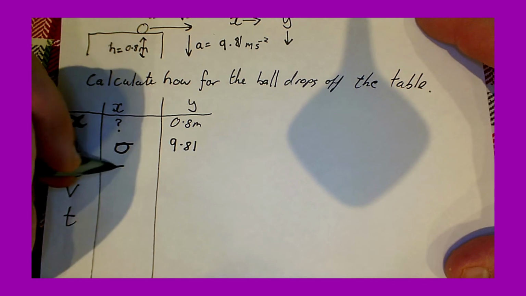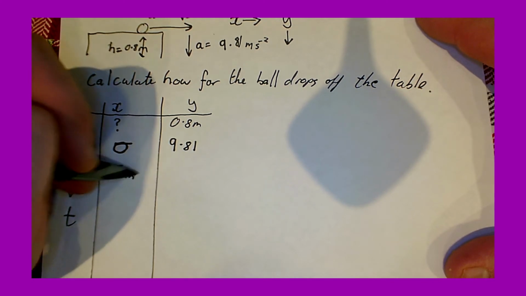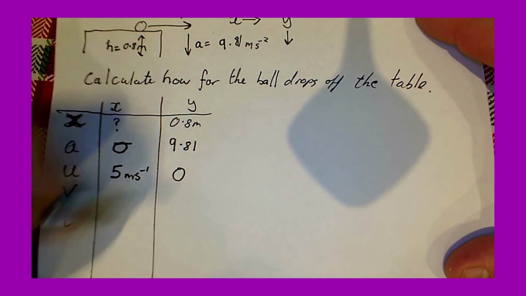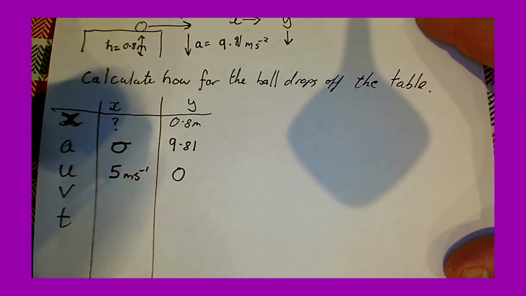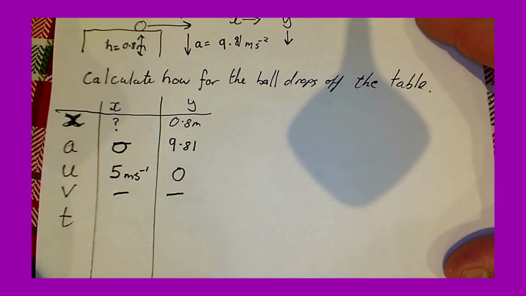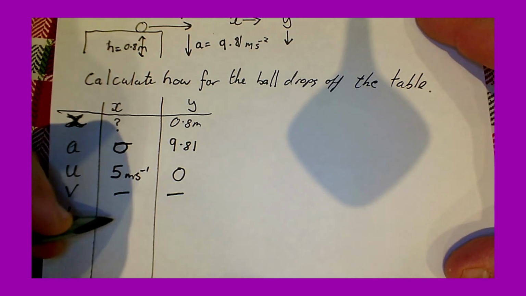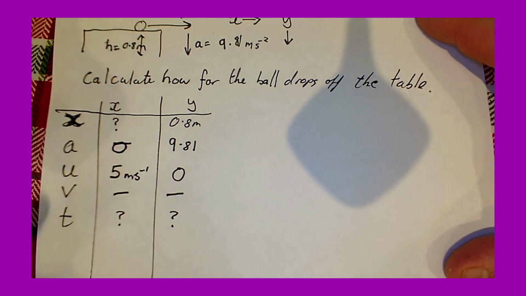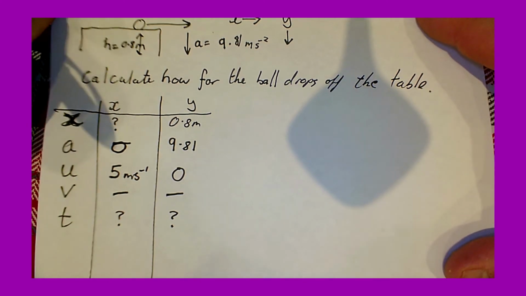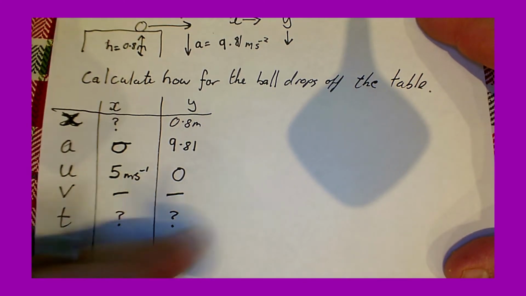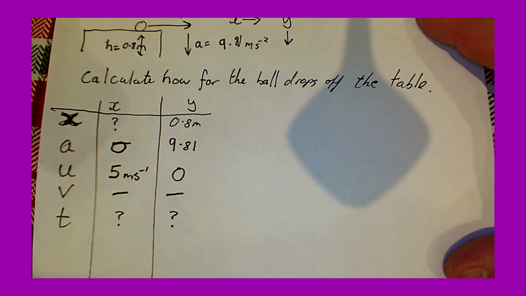The initial speed here is 5 meters per second, and for y we're going horizontal, so it's 0. The final speed for both we don't know. And the time, again, we don't know time. But this is important, time's not a vector, so these two times are the same. Time's the global effect. That's the only thing that affects both.